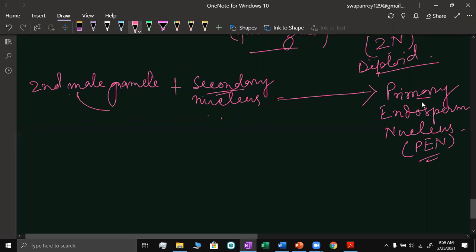So this is the result of fusion of three cells. This is called triple fusion, forming the primary endosperm nucleus.